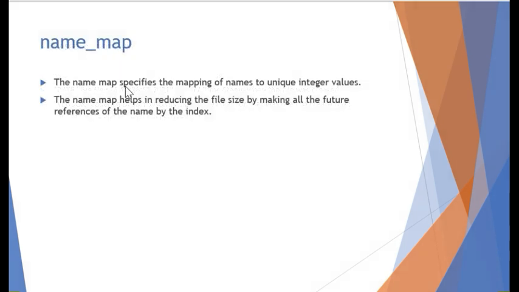Now moving on to the next section of the spef file, which is name map. So in name map section, we map the net or instance names to unique integer values. Now why do we do that? Because if we want to use that particular instance or net in the spef file, we know that in reality the instance name or net name can be really big, and if we want to use those names again and again, then the file size of the spef file can be very huge, right?